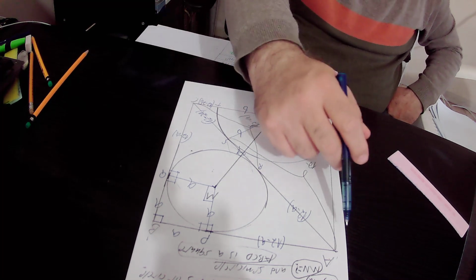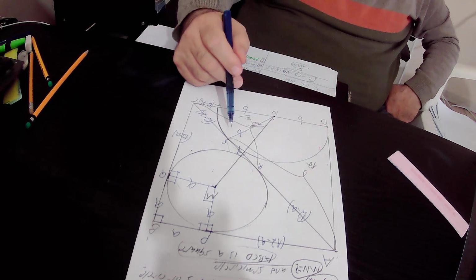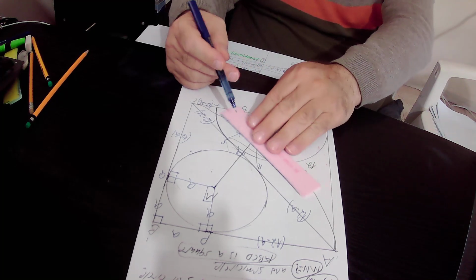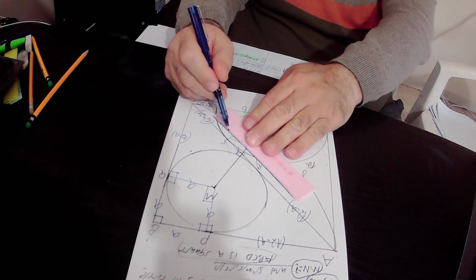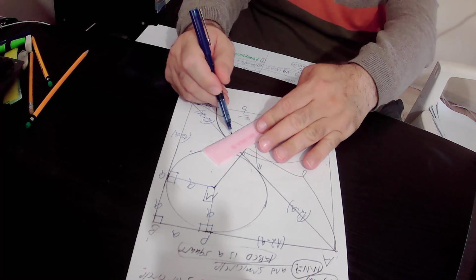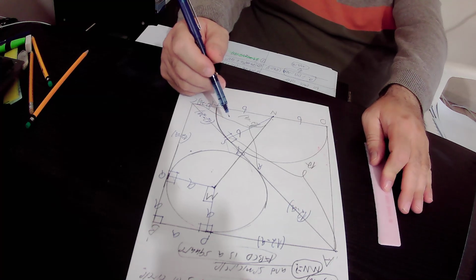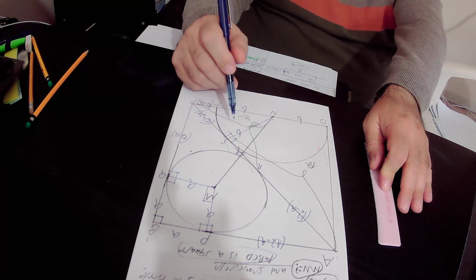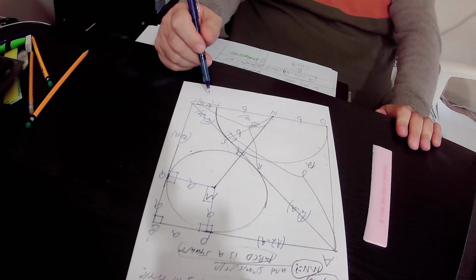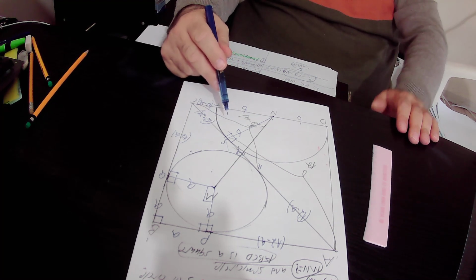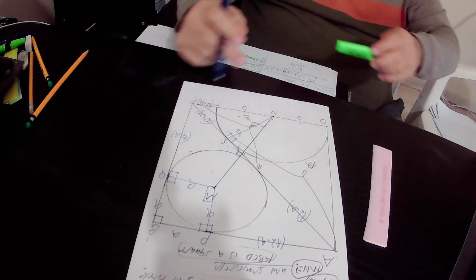In this case, the tangent AC will be perpendicular to the radius NS. That is to say, this angle will be equal to 90 degrees and this angle will also be equal to 90 degrees, according to rule number 2, of course. And because angle NSC is a right angle, triangle NSC will be a right triangle.